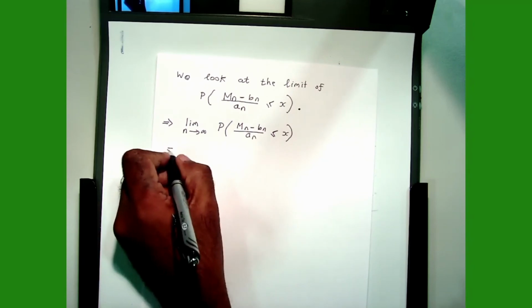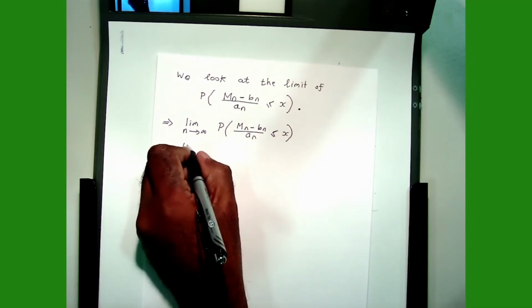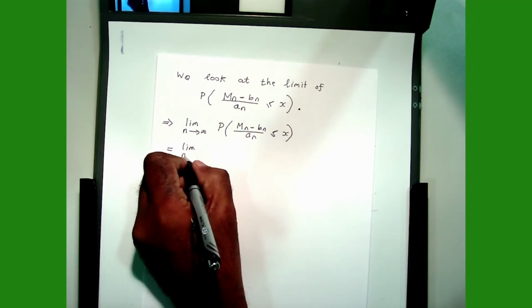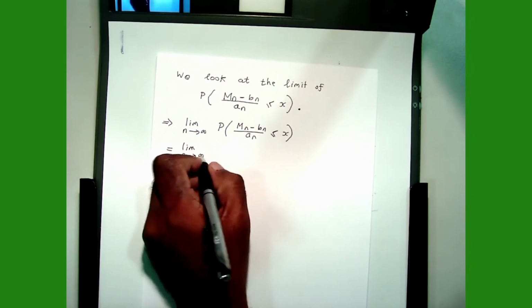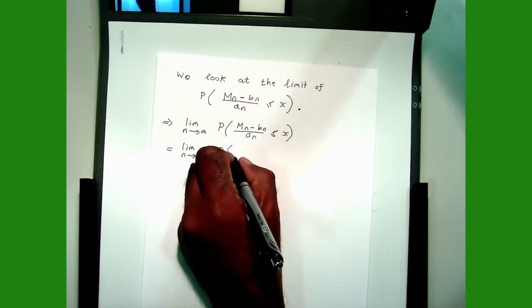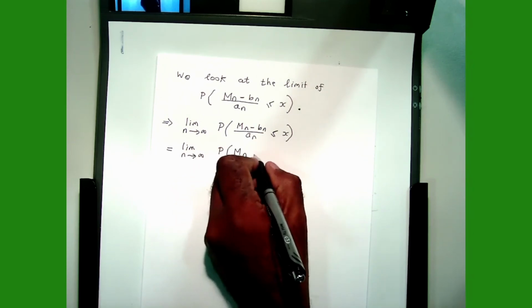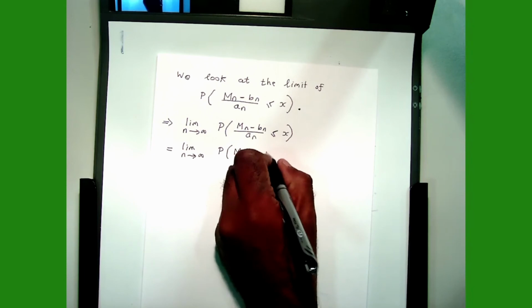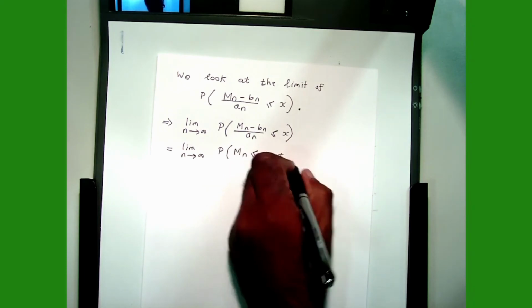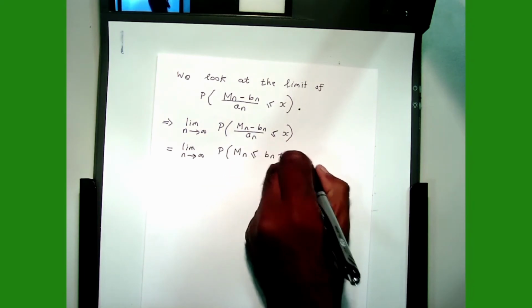this is going to be the same as the limit as n goes to infinity of the probability that Mn is less than or equal to Bn plus An x.